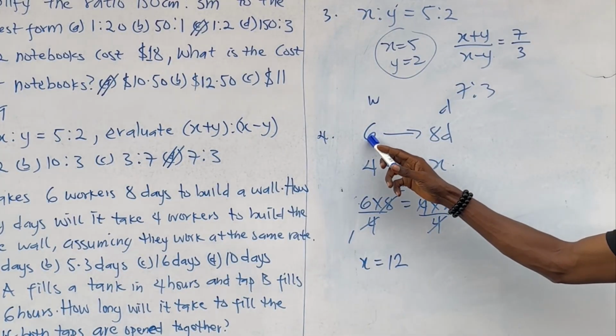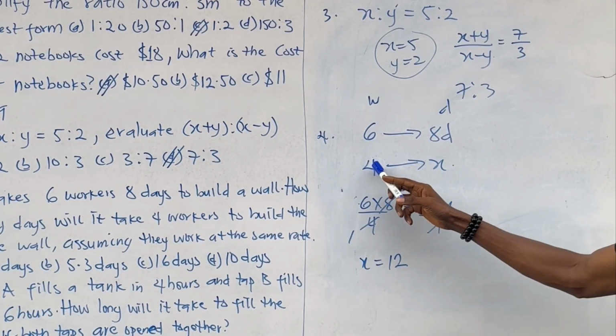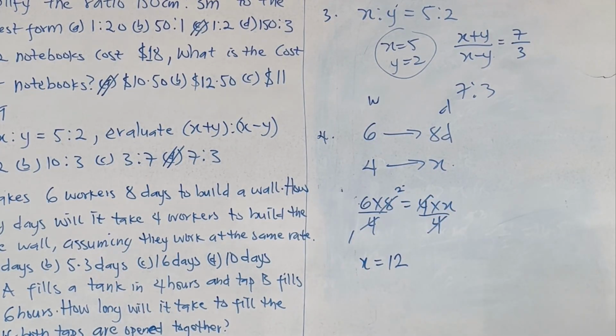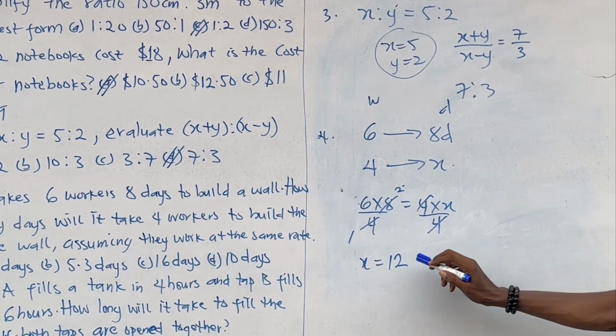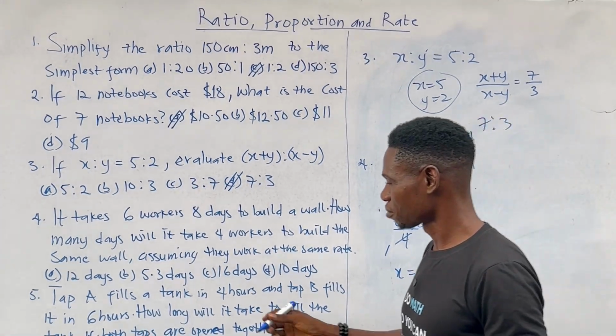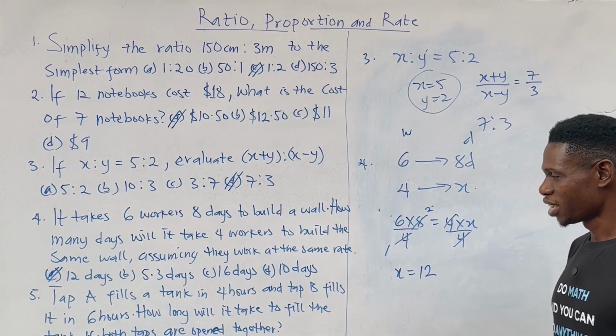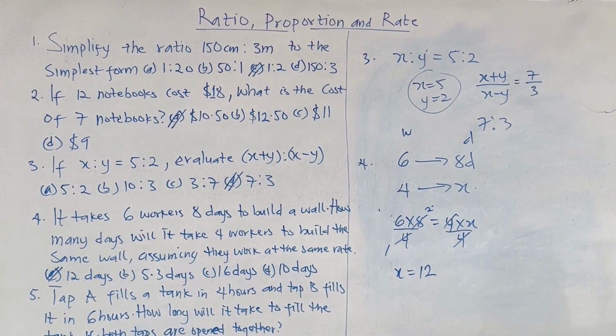So if 6 workers used 8 days, 4 workers will use 12 days. So this is indirect proportion. Okay, so our correct answer will be 12 days, and that's option A. So question 4, option A is the answer.